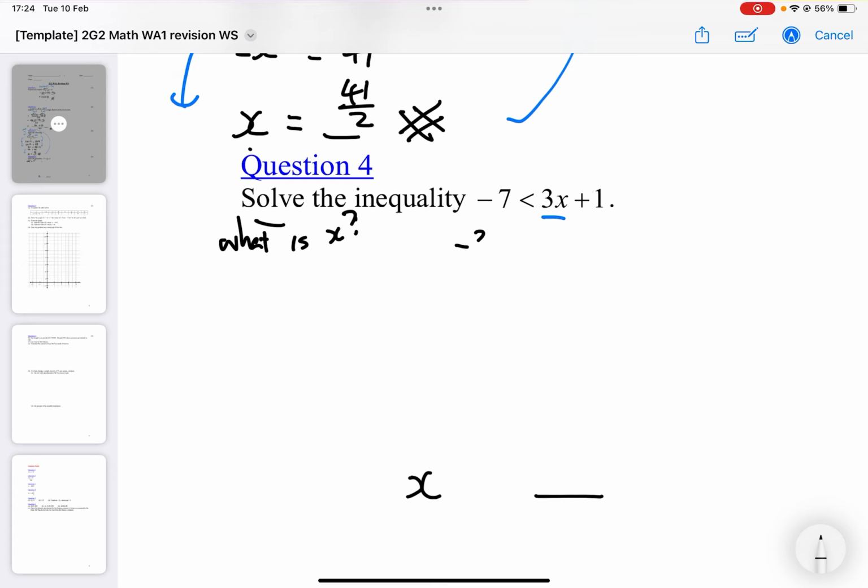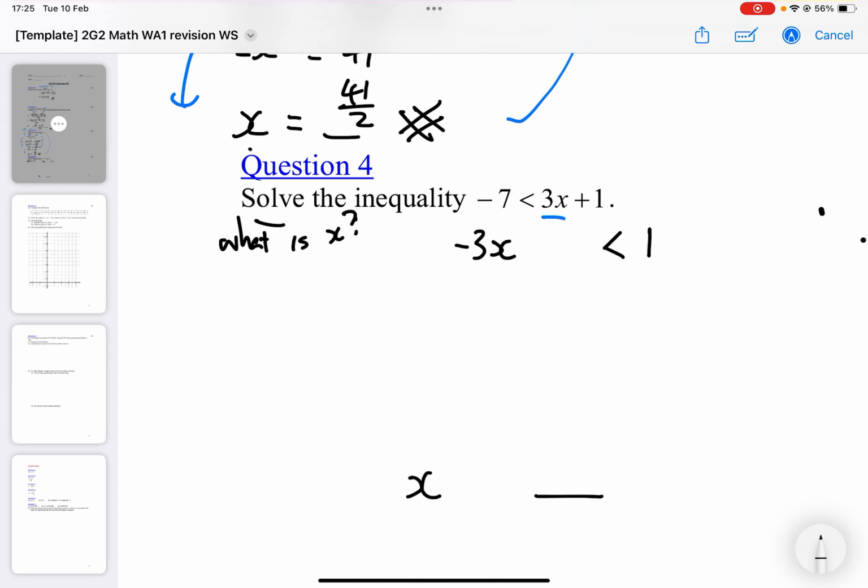As I minus 3x on the right, I also must minus 3x on the left. Okay, plus minus, don't need to change the sign at all. So smaller than is still smaller than. Okay, then my 1 was on the right hand side. I never touch it, it is still on the right hand side. Positive 1 is still positive 1.